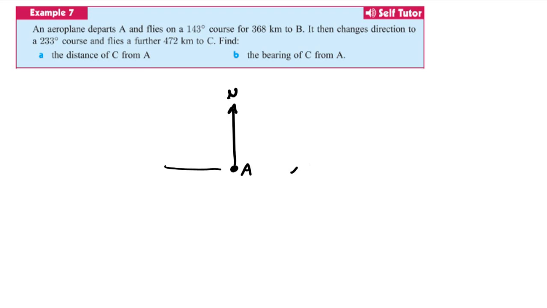Let's draw up all relevant points there, northeast, southwest, for 368 kilometers to B. So, to get from A to B, we have to turn 143 degrees and go 368 kilometers. So 143 degrees would be 90 there, plus 33 degrees. And that gets us to B.